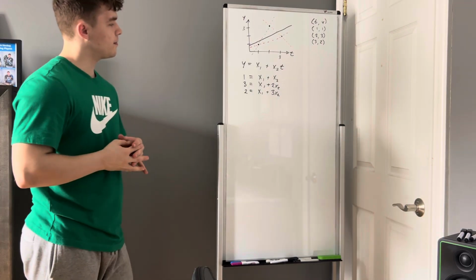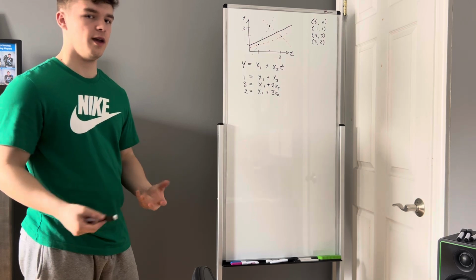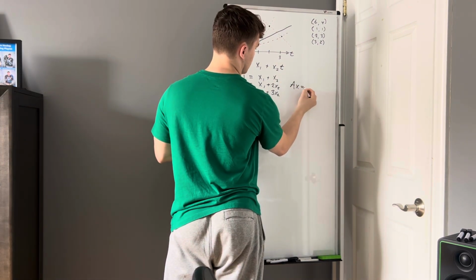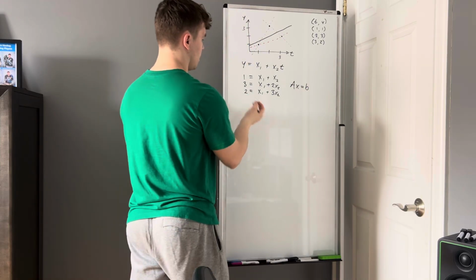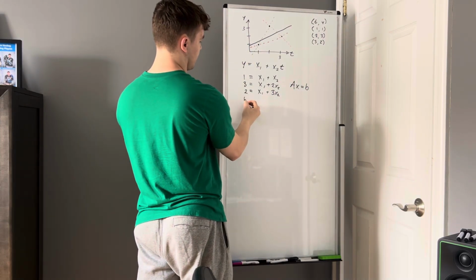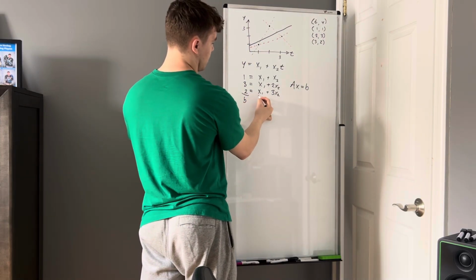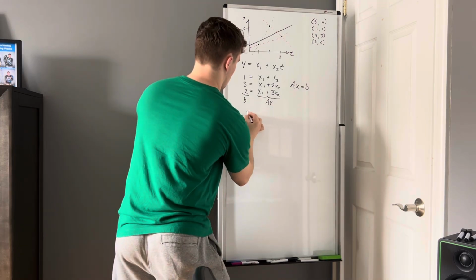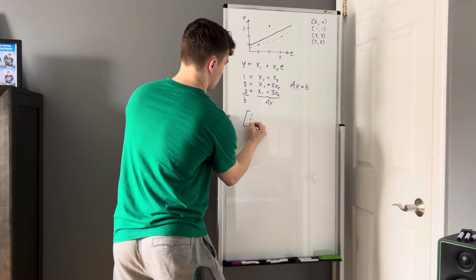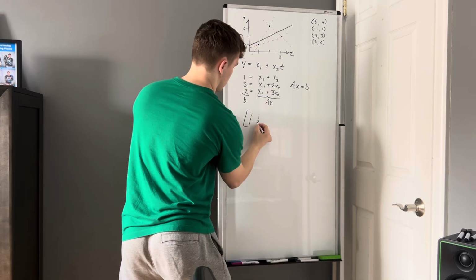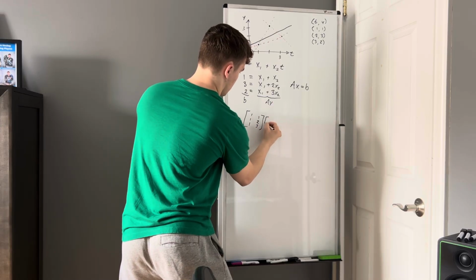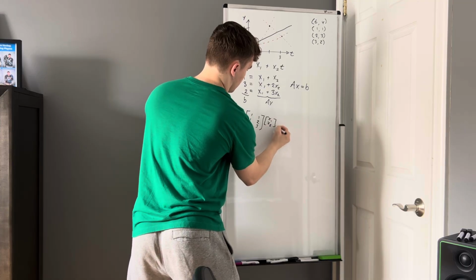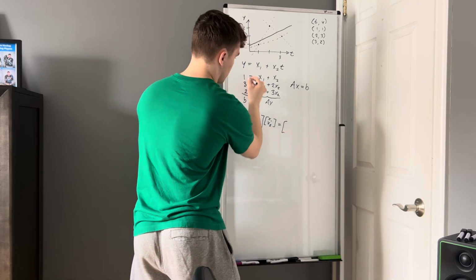So let's just put this into a matrix form. Let's put it into the form Ax equals b. This is our b, and this is Ax. So our A is going to be 1, 1, 1, 1, 2, 3, and we only have x1 and x2, and this has to equal 1, 3, 2.